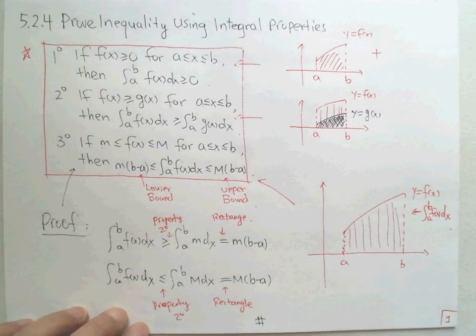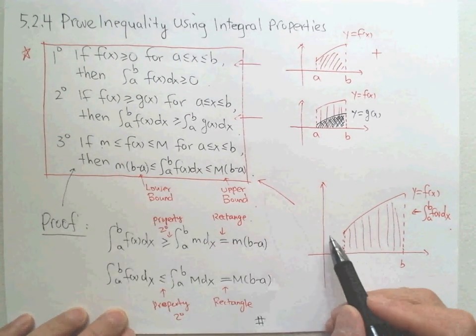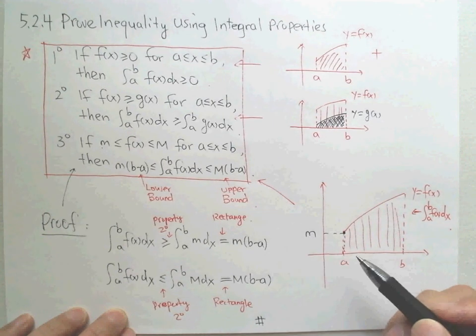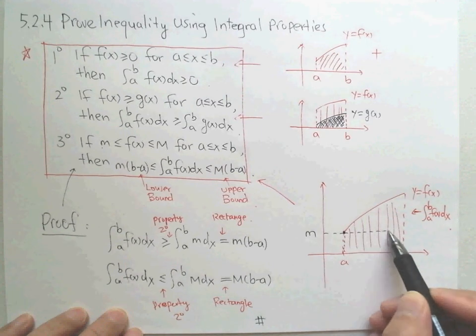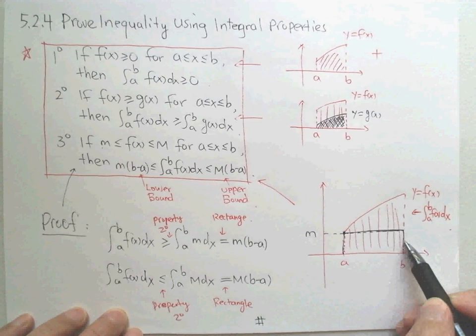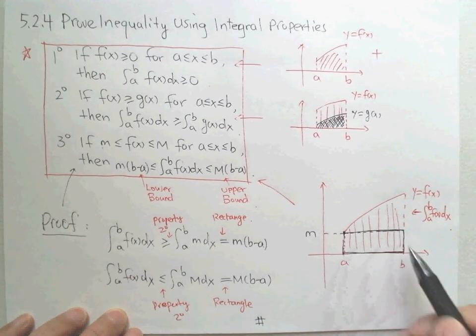Okay, good. And then we're going to find what is the left side. Lowercase m is the minimum. So I put the minimum here. Okay, so this is the minimum, right? So I draw a horizontal line. If I draw it a little bit solid, what do we get? Okay, we get a rectangle.